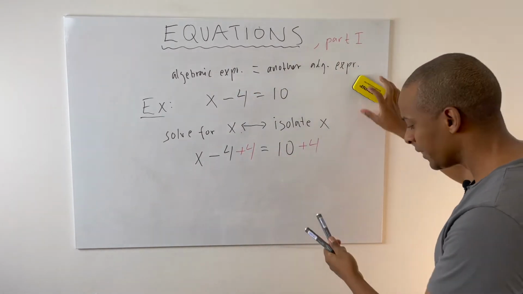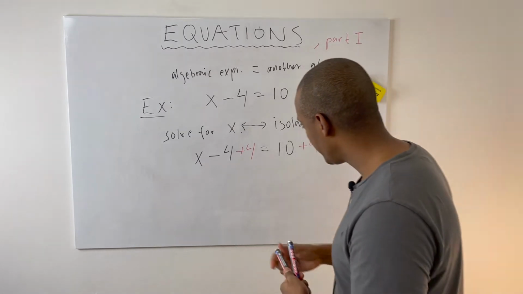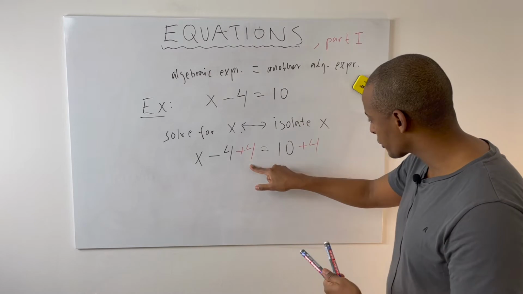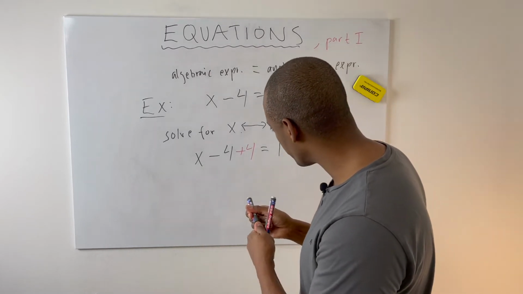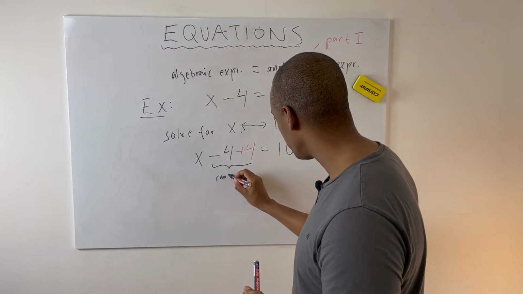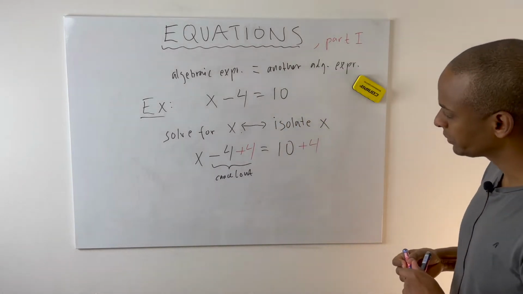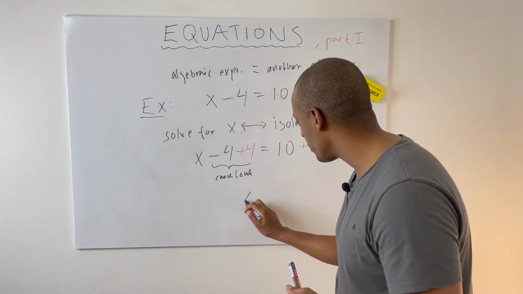Okay, cool. So what do we have here? Now we see the magic. This minus 4 and plus 4, they cancel each other out. So we only remain with x.